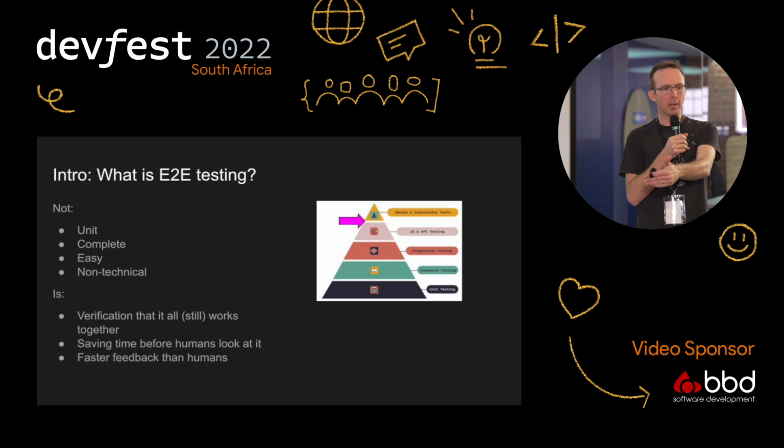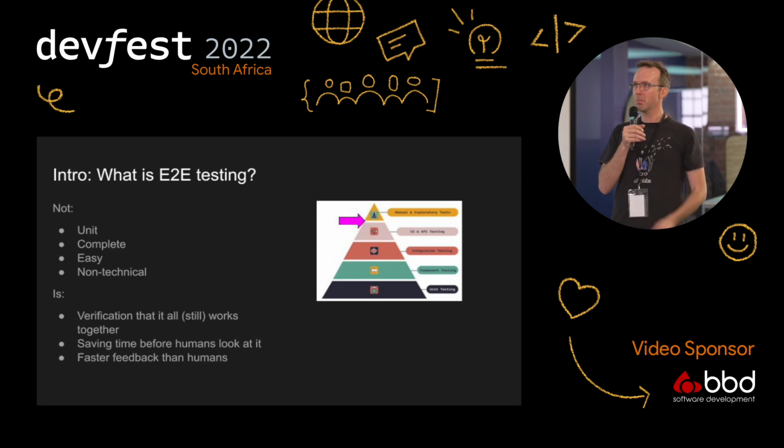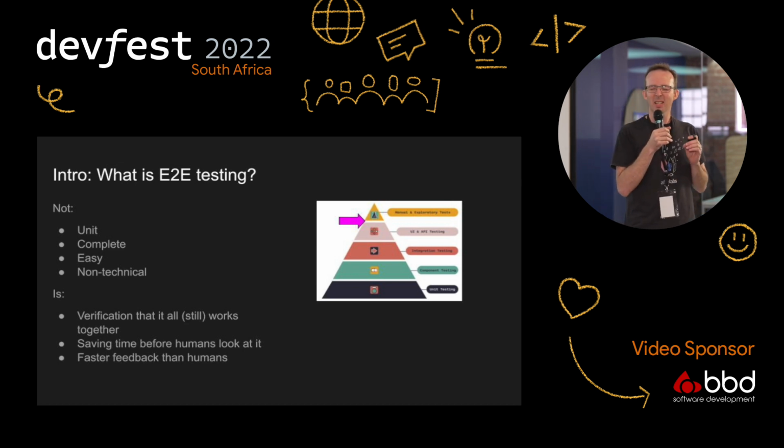Whether that's a human in another team, or a customer, or a product person having a look at it, this saves us, firstly, the pain and the anguish of someone looking at it and saying, oh, this is broken, and you'd say, oh, right, yeah, let me just fix that. That cycle, how long does that take in your place of work, Maya?